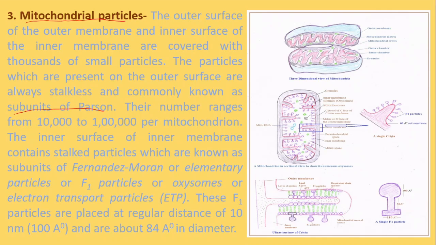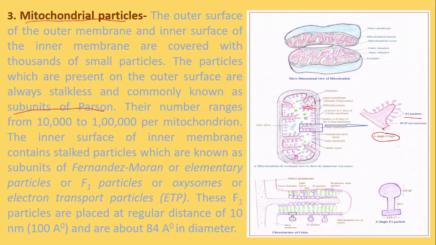Here you can see these are the cristae, and if you see the enlarged section of this crista, you can see a structure like this. This crista contains F1 particles on it, and the crista is a 60 angstrom unit membrane.